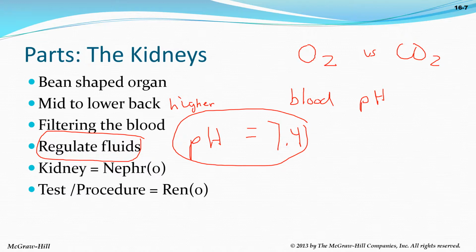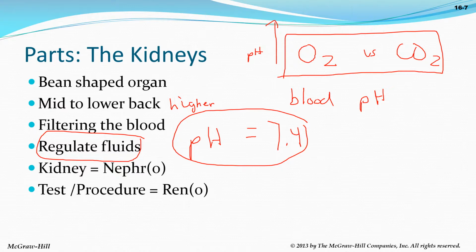So remember, hyperventilation, holding your breath, CO2. So the other body system that regulates blood pH is the respiratory system. So if you have extra oxygen, your blood pH will go up. If you have extra CO2, your blood pH will go down. Because carbonic acid is acidic.